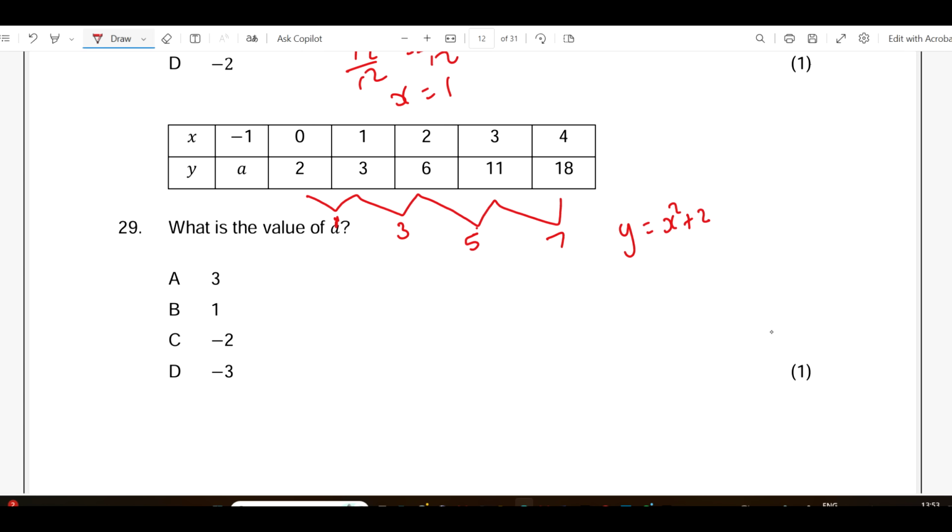Where there is x, if I put 0, I have to get 2. And yes, with this formula, I will get 2. If I put 1, I must get 3. Put 1 here, 1 plus 2 will be 3. Meaning that for a, I need to put minus 1. The answer is going to be 3.